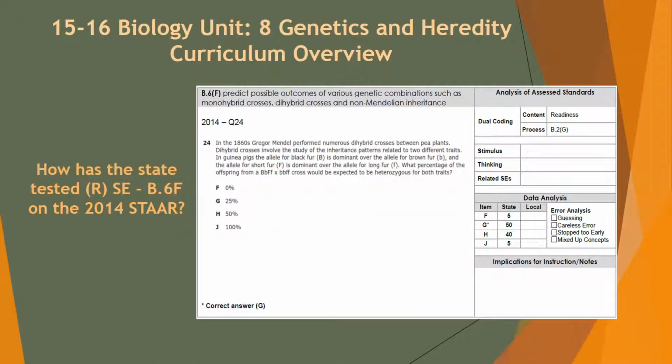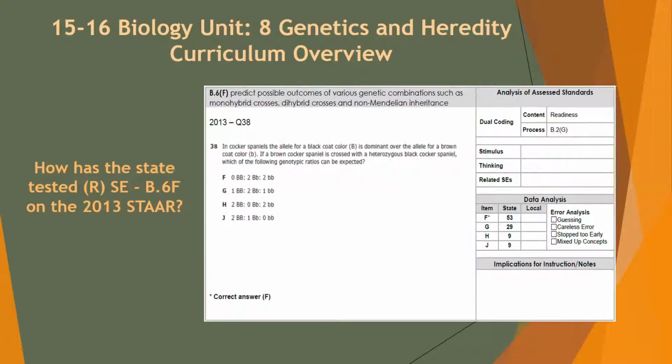Now another question from 2014 over B6F. Again, it is dual coded, and this time we're focusing on monohybrid crosses. So we have to, again, be able to do it in multiple ways, looking at monohybrid, dihybrid, as well as non-Mendelian inheritance. And this question is from 2014.